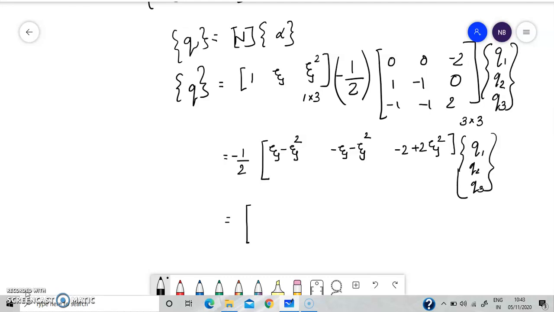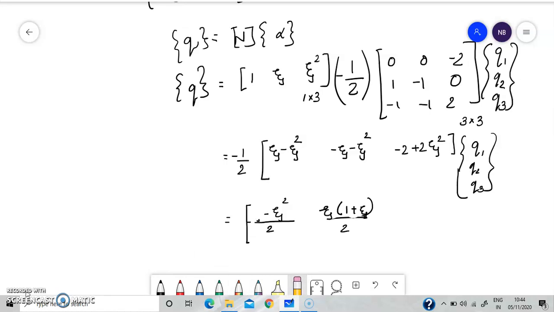So taking this half term inside, or we could also say, if we take the zeta term common, here this would be 1 plus zeta.